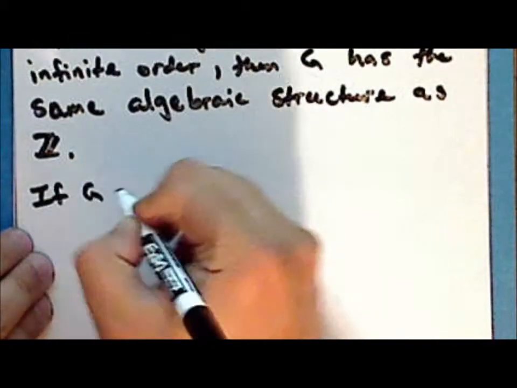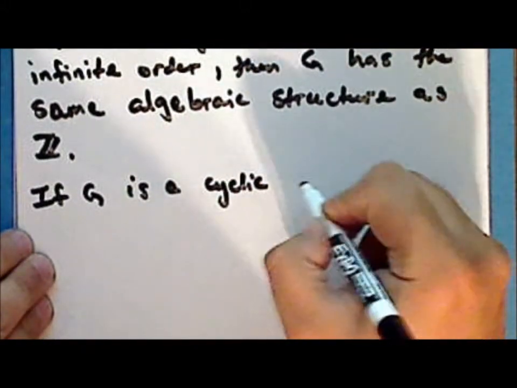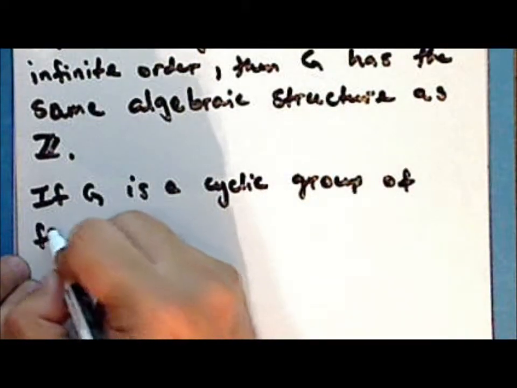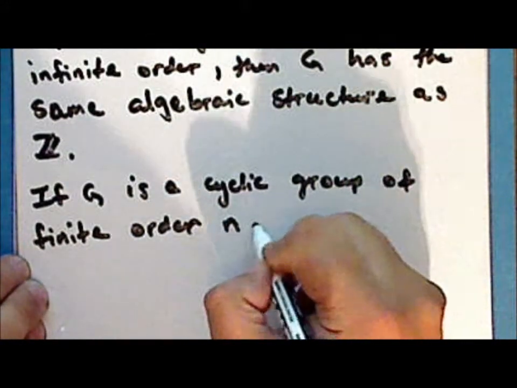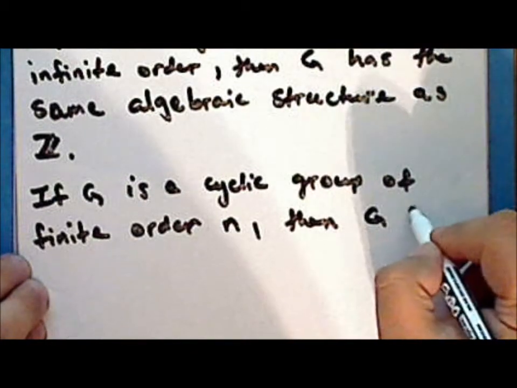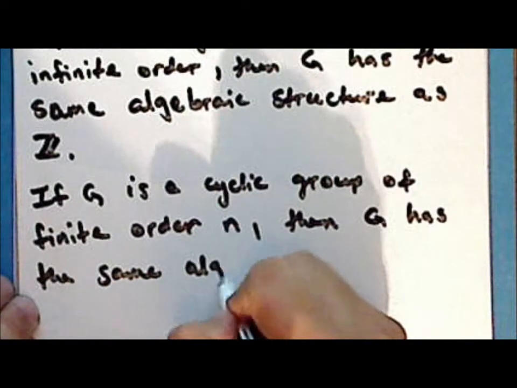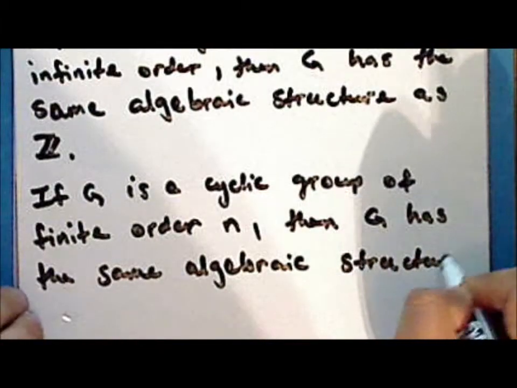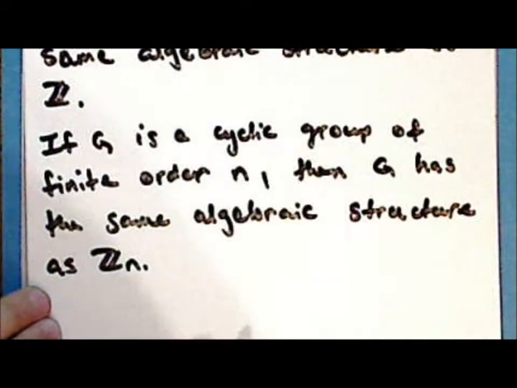And if the group G is a cyclic group of finite order n, then the group G has the same algebraic structure as the integers modulo n under addition modulo n.